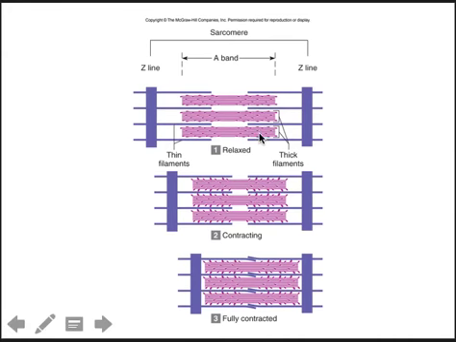And then when that second or that subsequent nerve stimulus comes in, we're able to generate, as a result, more power. The force of the individual twitches combines, and this increases the force of the contractions. And again, that's because we haven't gone completely back to our resting length.